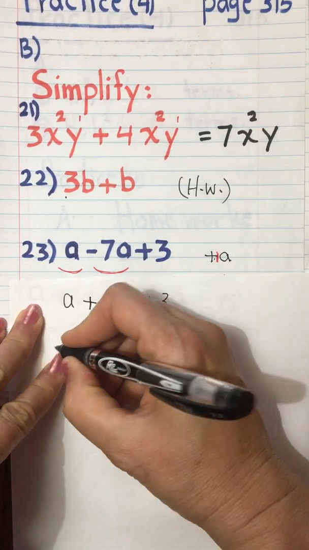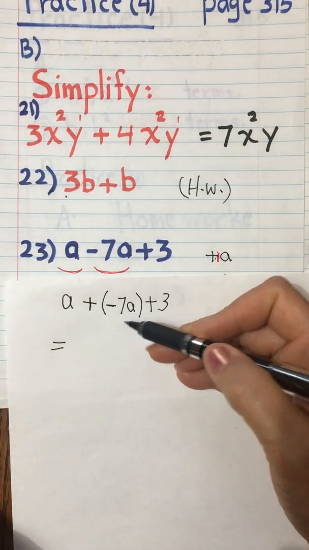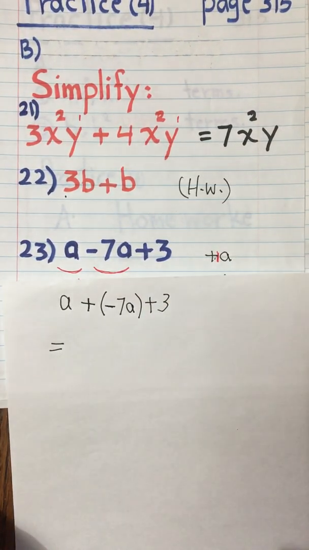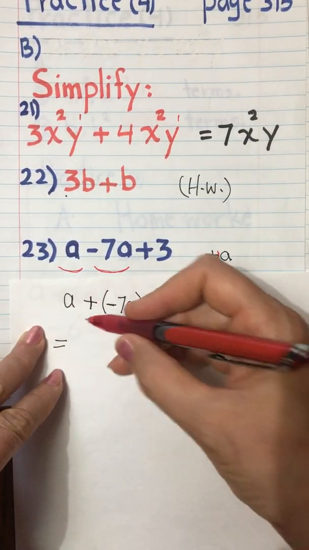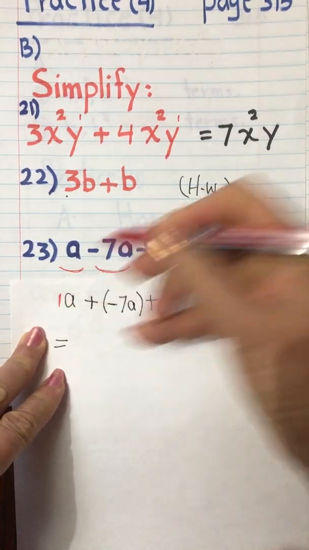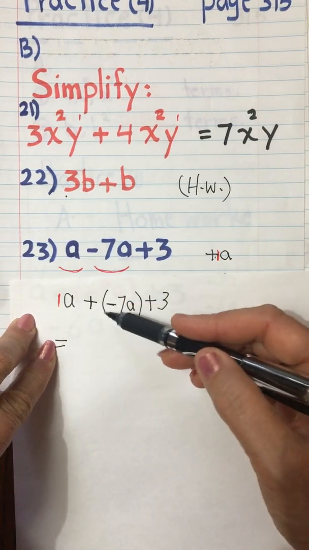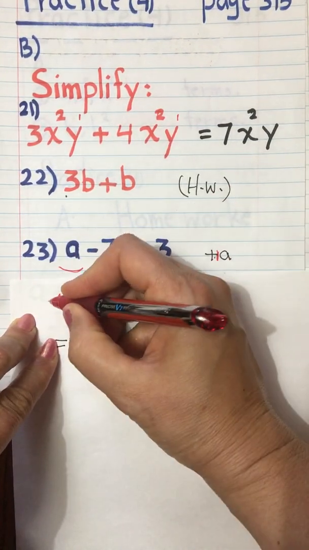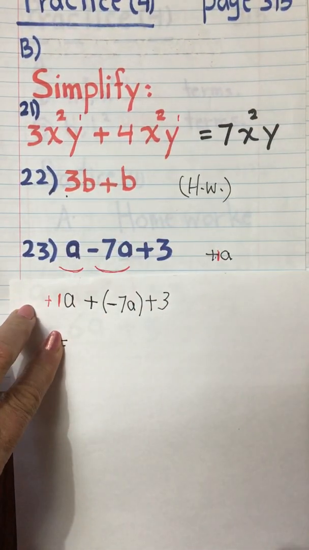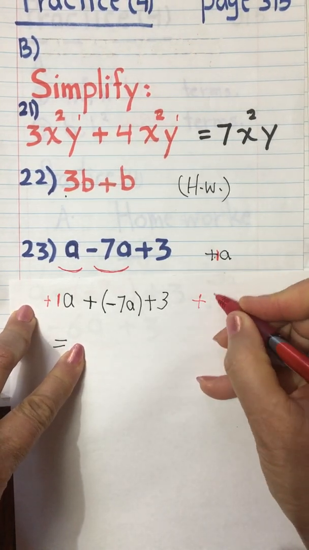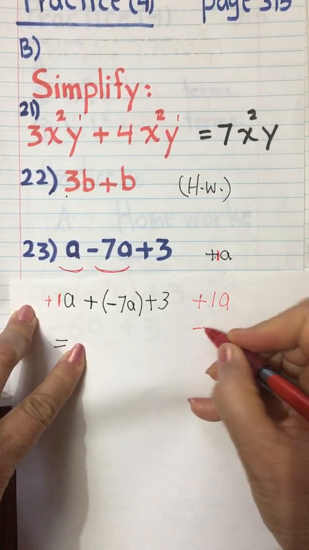So right here, these two terms are like terms. So I know a means 1a. So I can add them or subtract them, but they have different signs because this is positive and negative. So I have positive 1a and negative 7a.